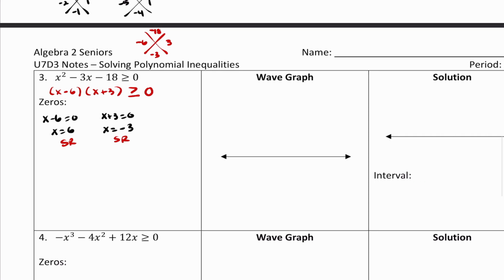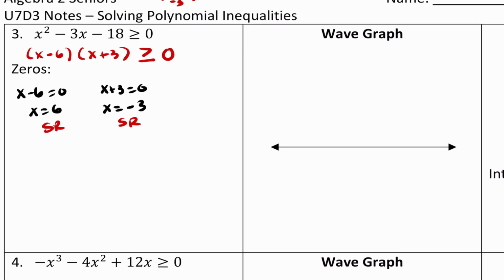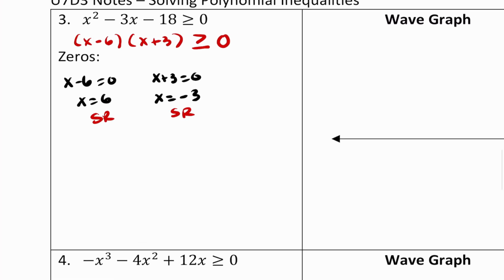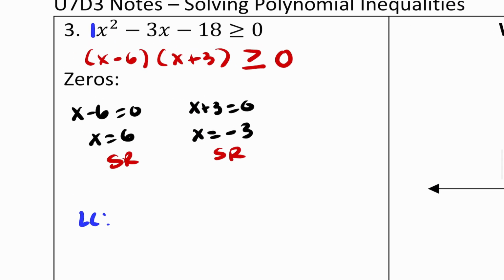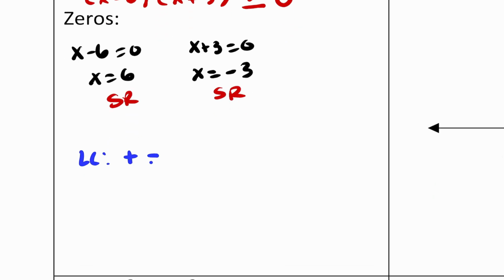Okay, so let's go ahead and figure out our leading coefficient. So the leading coefficient is a +1, right? It's a +1 here. So we're going to start top right. Should look like that. So the right half of this graph should be to the right and pointing up top.